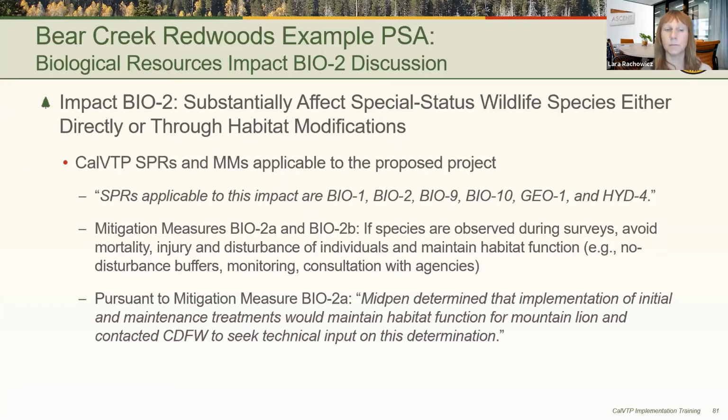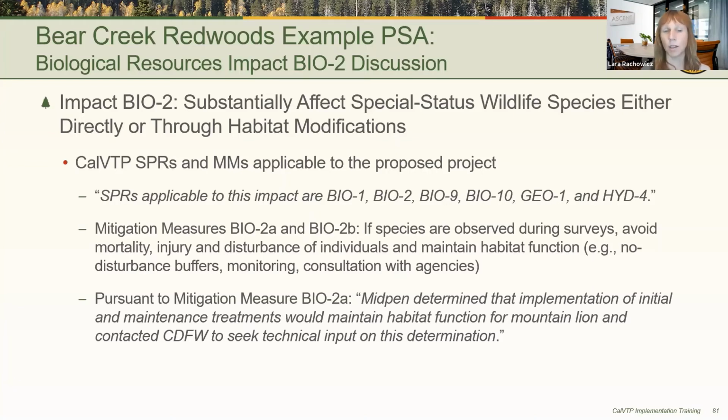For this project, mitigation measure Bio 2A required MidPen to determine if treatments would maintain habitat function for mountain lion and consult with CDFW regarding their determination. MidPen determined that habitat function would be maintained because habitat connectivity for mountain lions would be maintained due to the patchy nature of the treatment areas and primarily only invasive non-native vegetation and areas affected by sudden oak death would be removed.